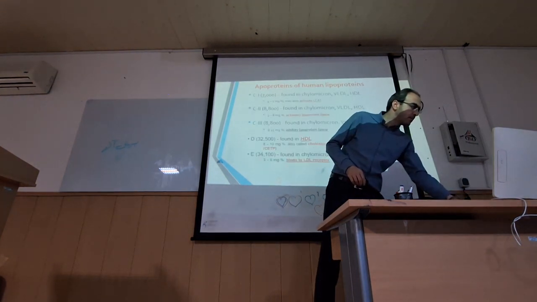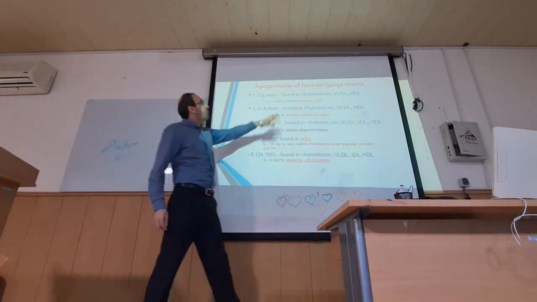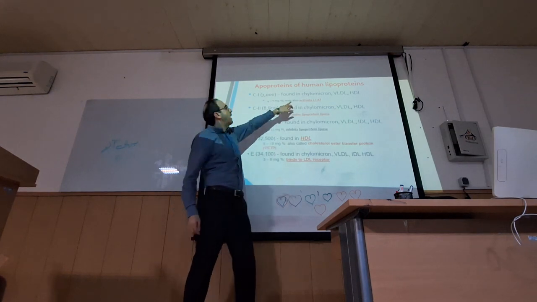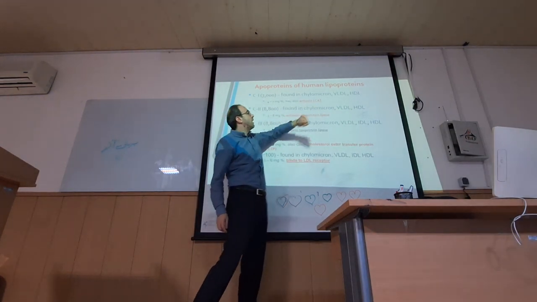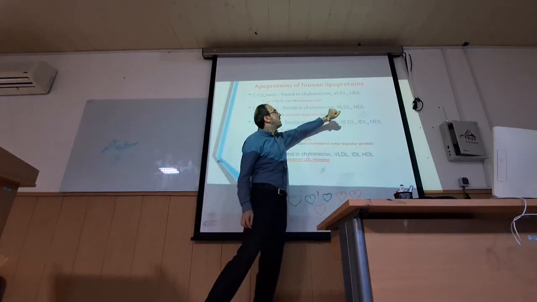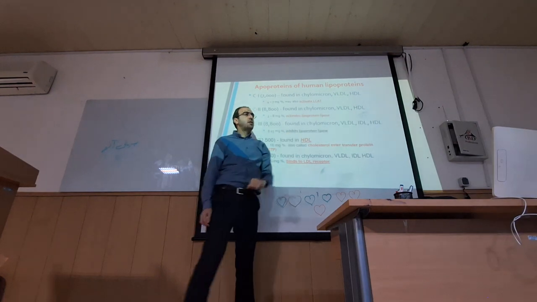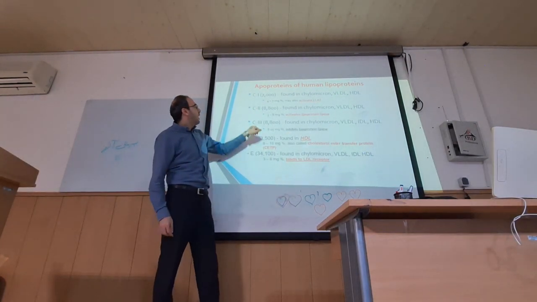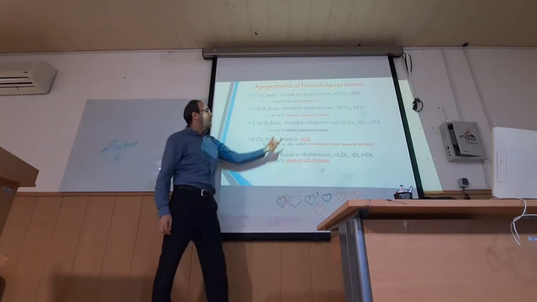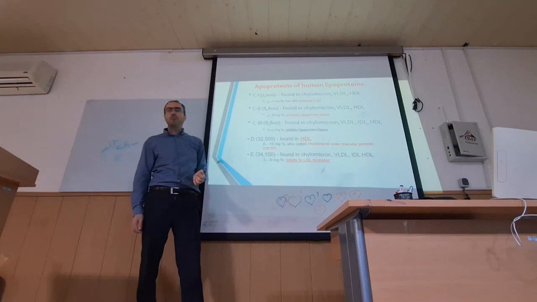ApoC1 is found in all kinds of lipoprotein and activates LCAT again. ApoC2 is found in chylomicron, VLDL, and HDL and activates lipoprotein lipase. ApoC3 is found in all kinds of lipoprotein and inhibits lipoprotein lipase. Okay?